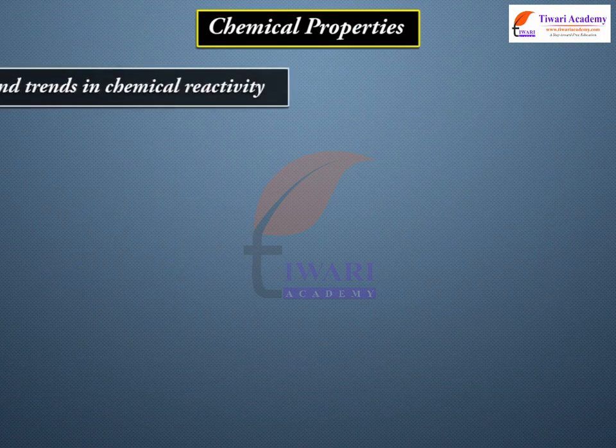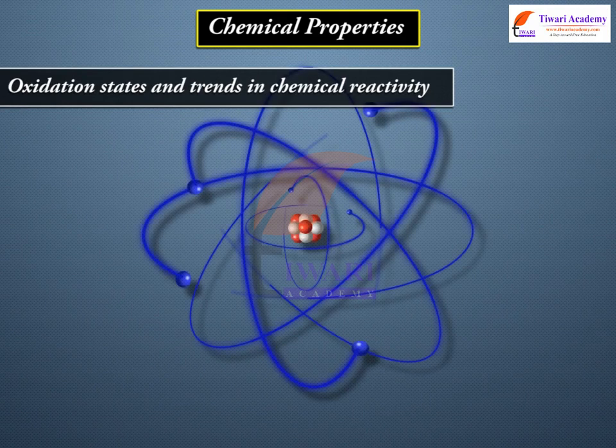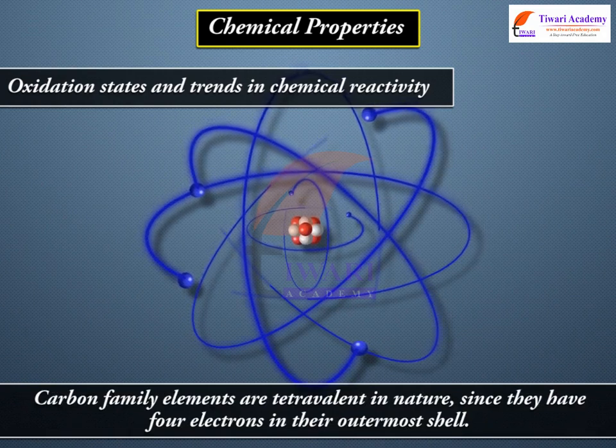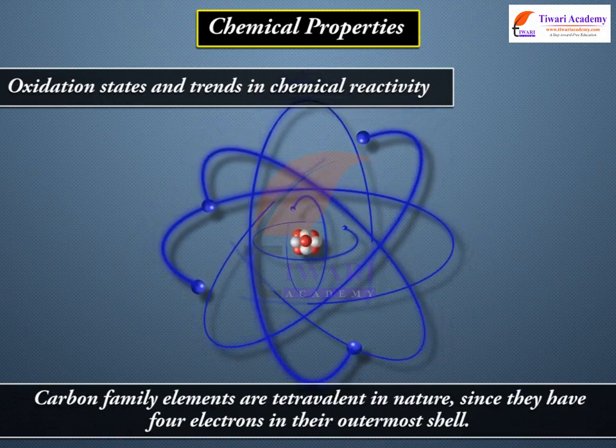Chemical properties. Oxidation states and trends in chemical reactivity. Carbon family elements are tetravalent in nature since they have 4 electrons in their outermost shell.